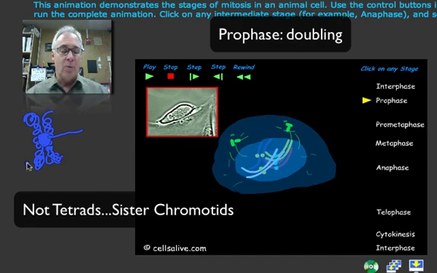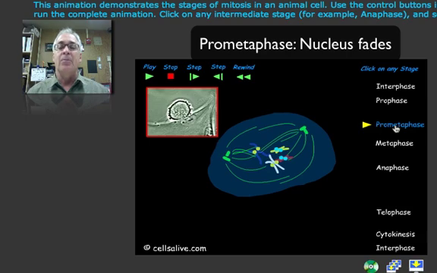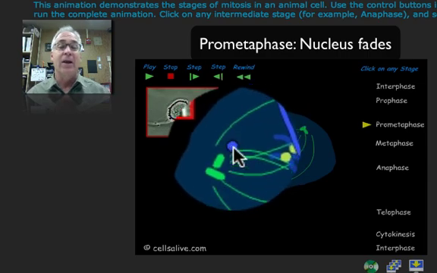But there's still got to be one more phase left to go before they actually split, and that is prometaphase. Prometaphase is that time where they begin to line up. The chromosomes begin to line up in the middle, or on the center plate, just right here. They're beginning to line up, but they're not quite lined up yet.